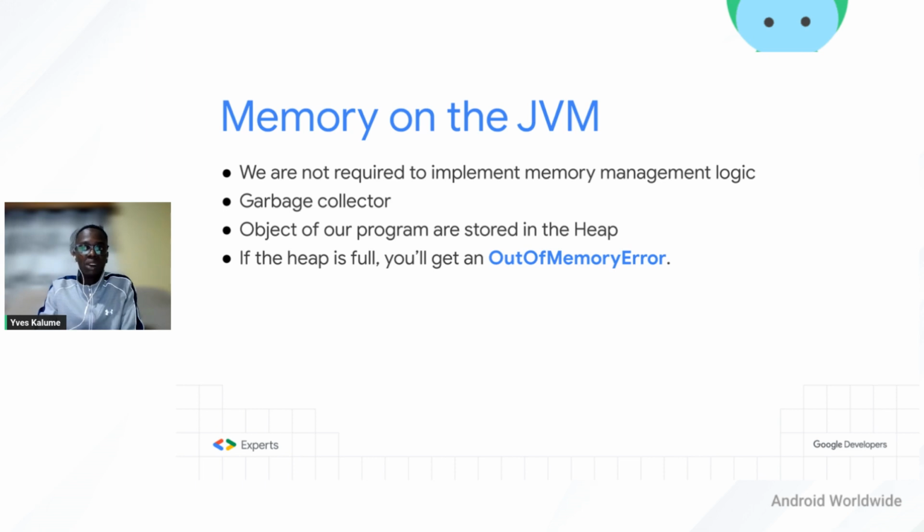On the JVM, objects of our program are stored on the heap, and the heap is also not unlimited. So if the heap is full and you try to create a new object, it may throw an out of memory error, which means that there isn't any available space on the heap, but you try to create a new object, and that also means that the garbage collector didn't collect some garbage from our program.